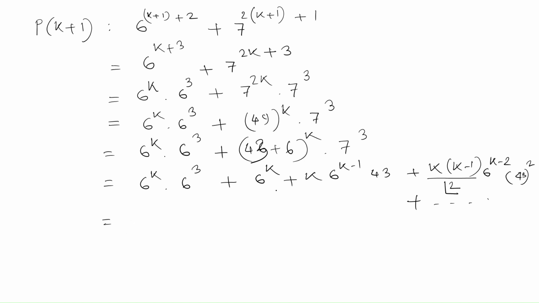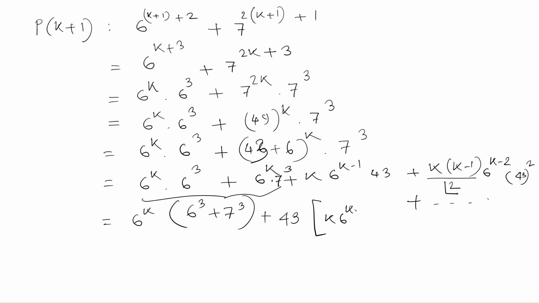Here it was 7 cube. So from these two terms 6 power k can be taken common, then inside it is 6 cube plus 7 cube. And from the rest of the terms we can take 43 common, then we'll have k 6 power k minus 1 plus k into k minus 1 by factorial 2, 6 power k minus 2 into 43, plus so on.